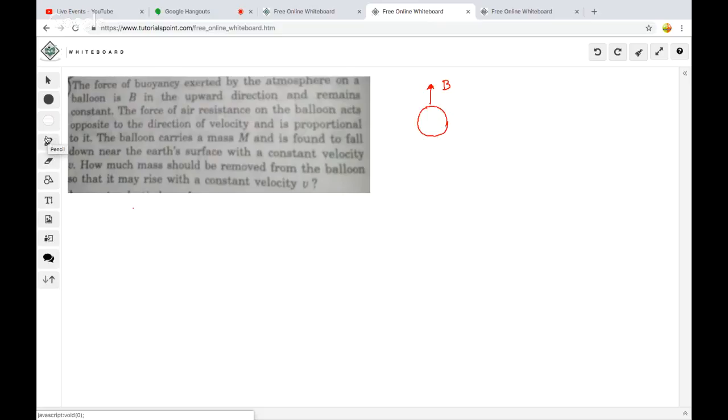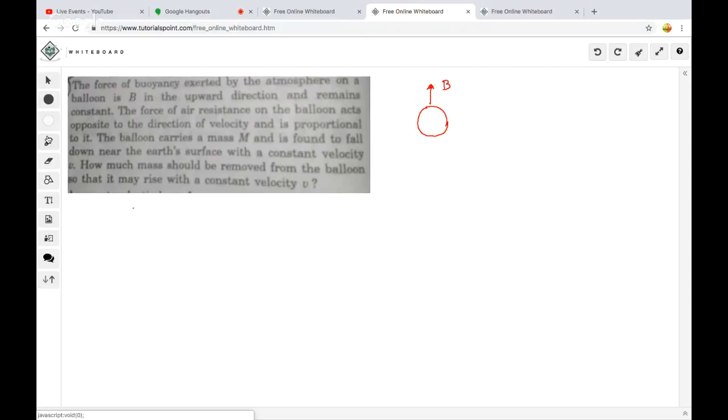And there is a force of air resistance on the balloon that acts in the opposite direction of the velocity. So it depends on which direction the velocity is. Depending on that, the force of resistance will be acting on it. And the magnitude of the force is proportional to the magnitude of velocity.